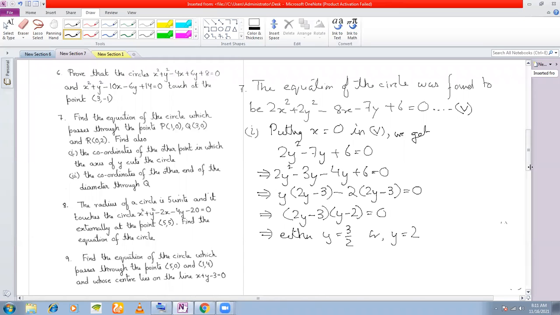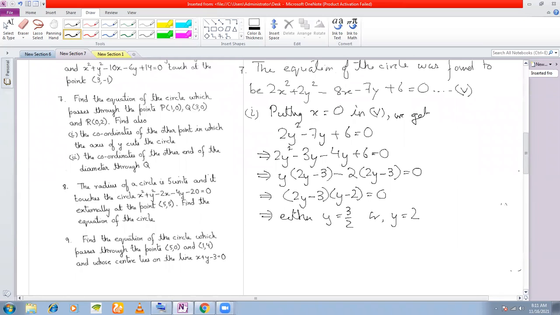So what are the points at which it cuts the y-axis? It cuts the y-axis at 0, 2. Therefore, the circle 5 cuts the y-axis at 0, 2 and 0, 3 by 2.